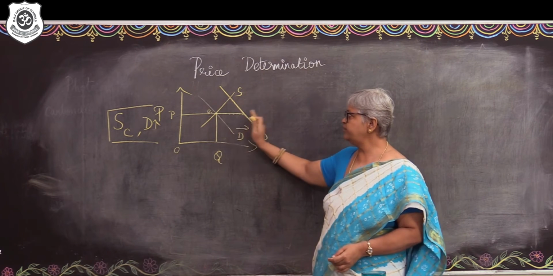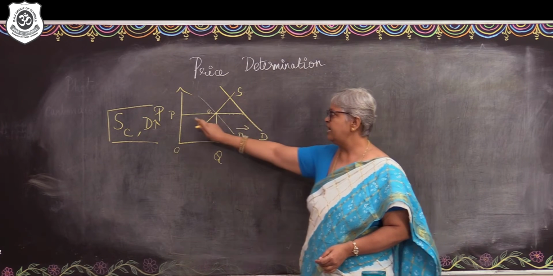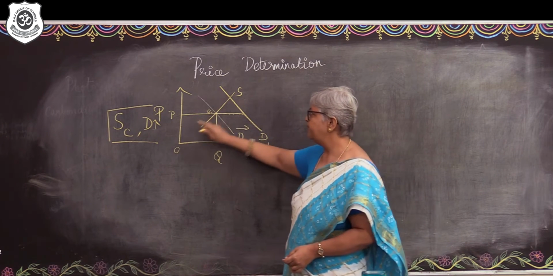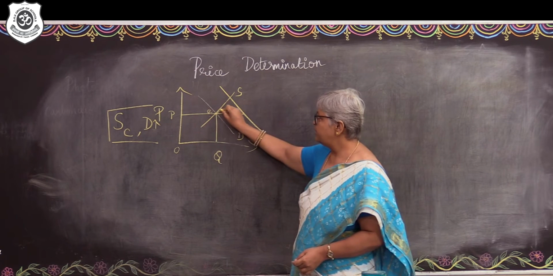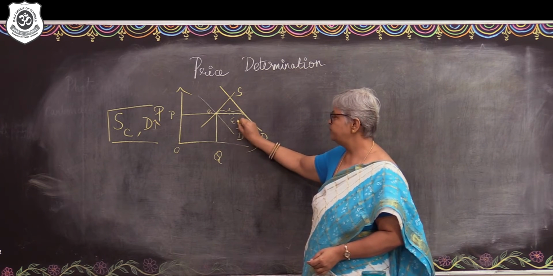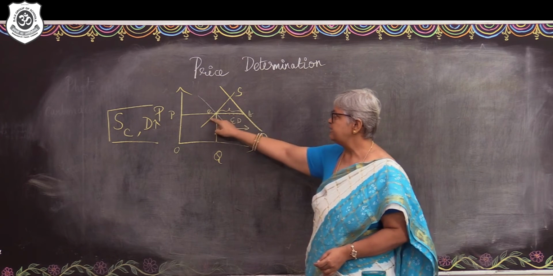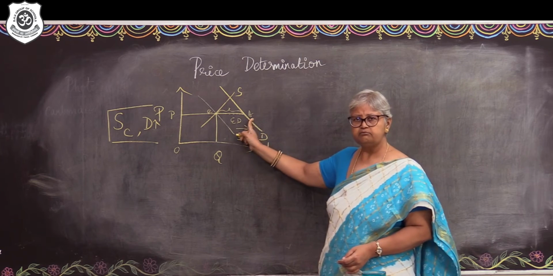Now, when there is a rightward shift in the demand curve from D to D1, at this price P, there would arise an excess demand to the extent of, let us say, EB.